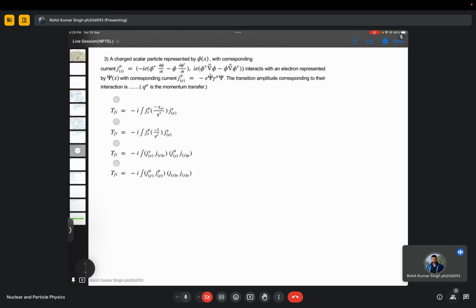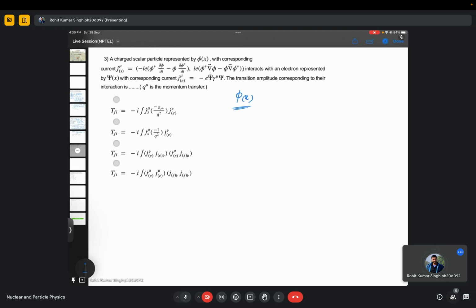Okay, so yeah, this one is a little tricky. I don't know if you have gone through the lectures or not, but in the lectures there is a discussion of interaction between two electrons. Okay, so two fermionic particles, and here the question says you have a charged scalar particle phi x. Okay, so this is not a fermion.